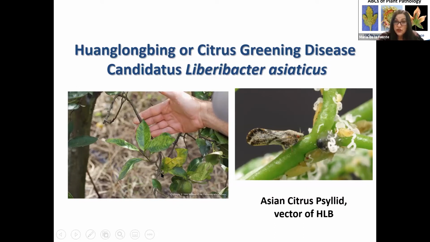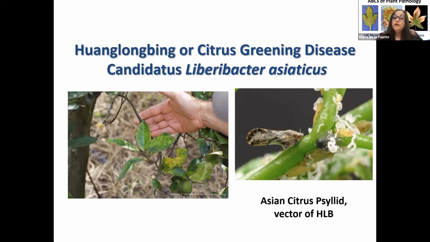This is the common vector, and a vector is just any organism that is capable of transmitting an organism that causes diseases, mostly viruses and bacteria, but they can also vector some of the fungi. A lot of them are insects, but we have a lot of nematodes that are also vectors.